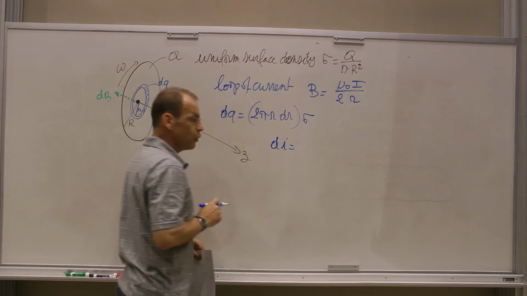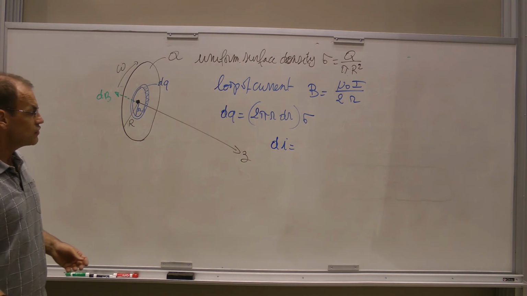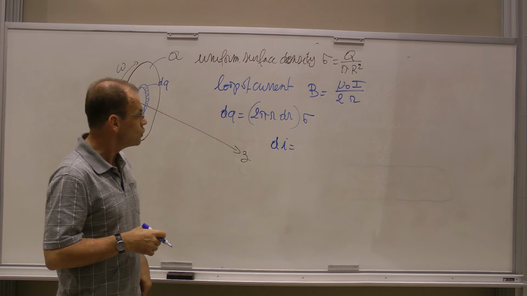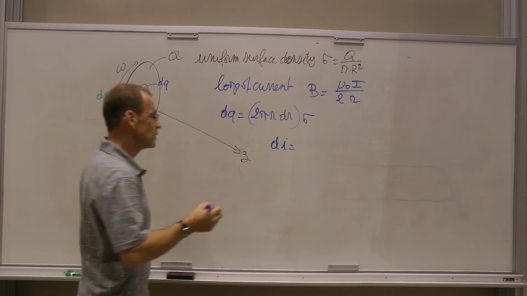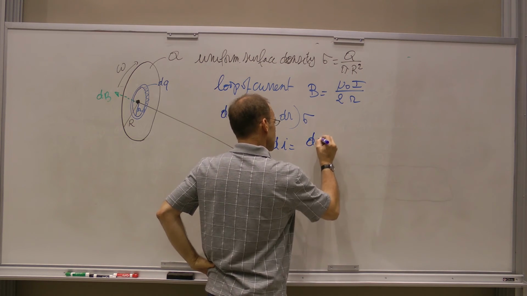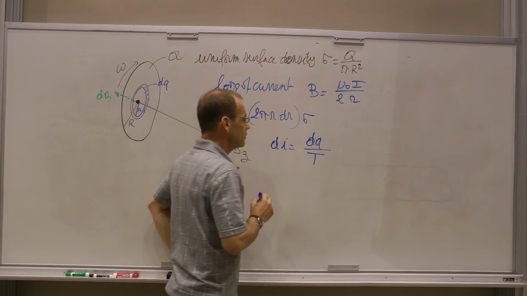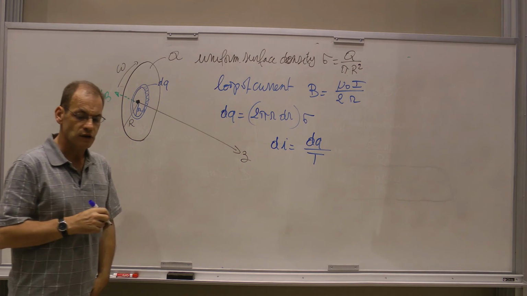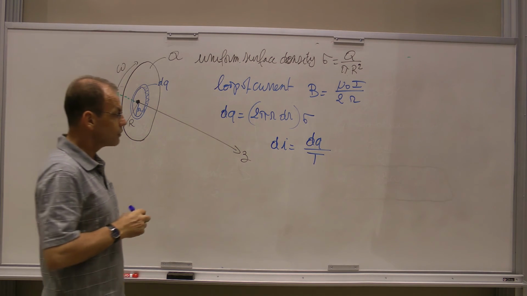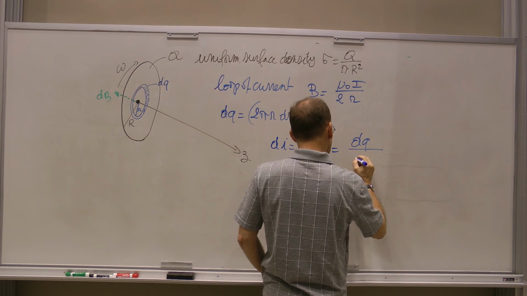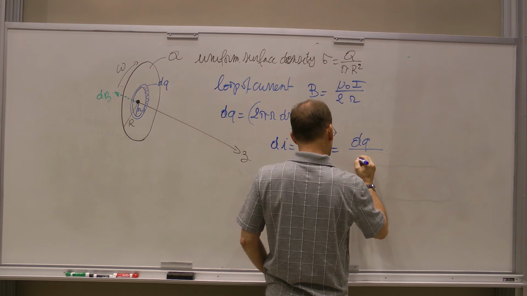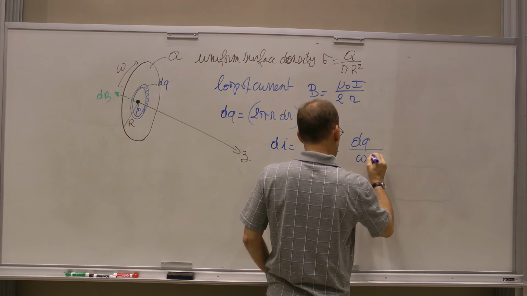Well, we know that the current is a change in charge per unit of time. The unit of time is going to be the time it takes for one full rotation. So this is going to be equal to dq divided by T, T being the period of rotation of that wheel, which we can, of course, relate to omega. T equals omega over 2 pi.